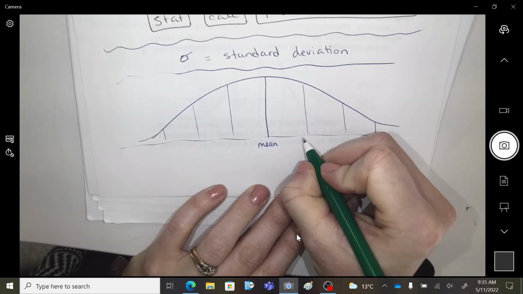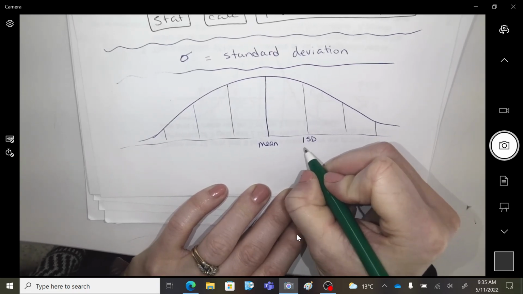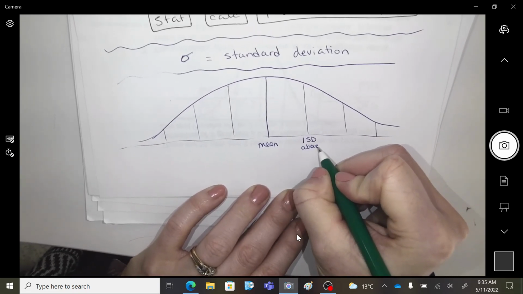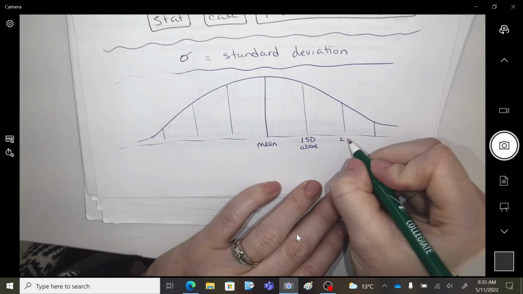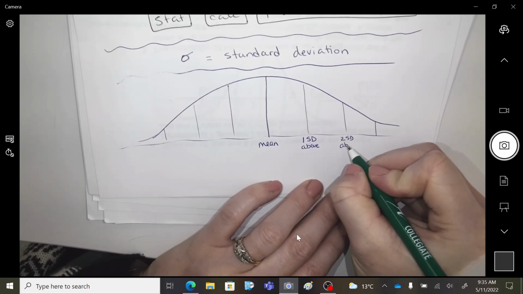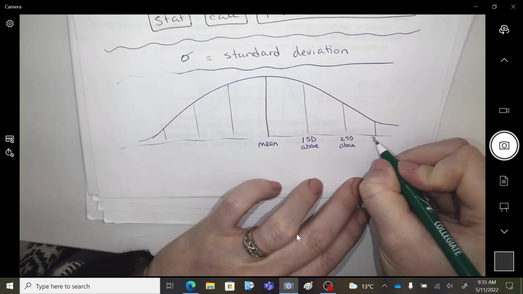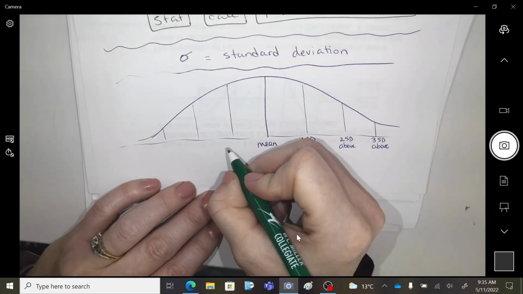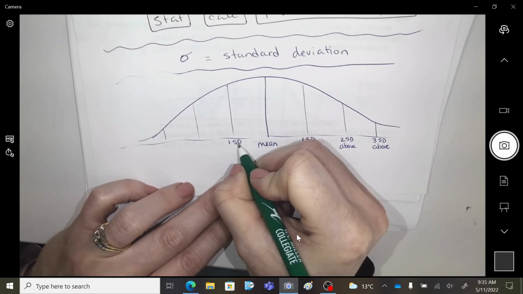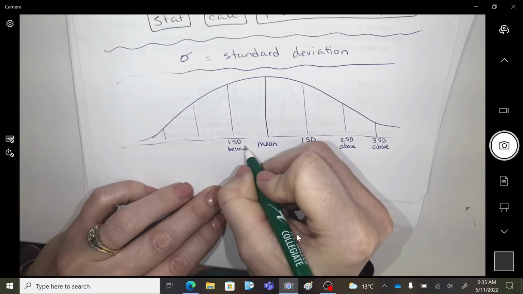I'm going to write 1 SD above. So right there, you're 1 standard deviation above, 2 standard deviations above, 3 standard deviations above. And then the same thing on the other side, but I'm going to write below.